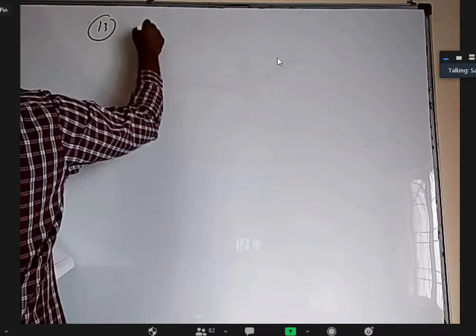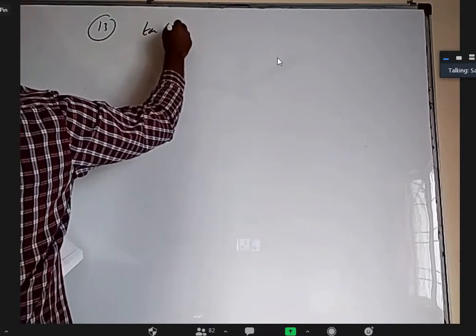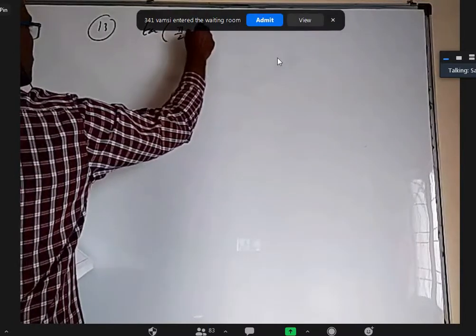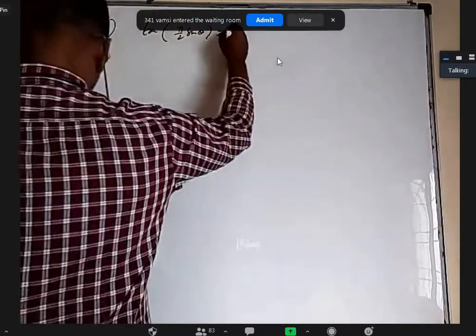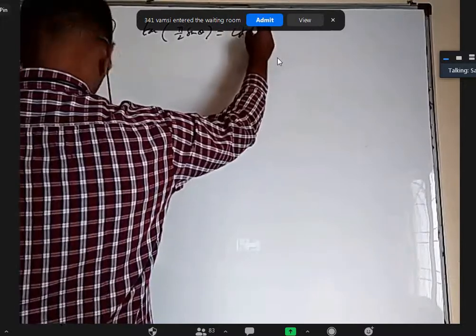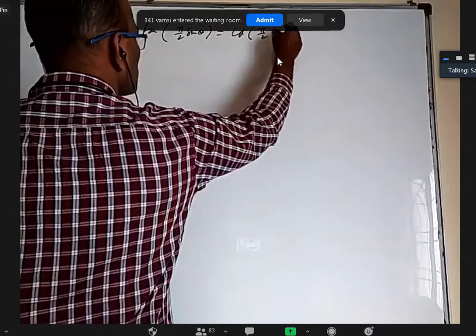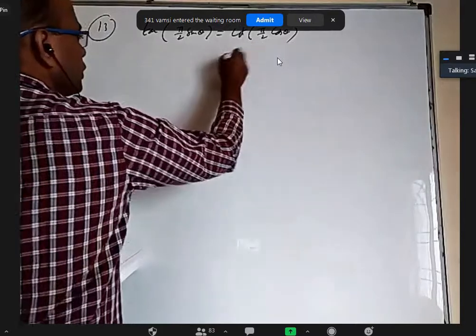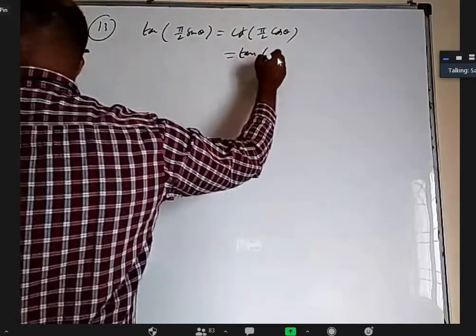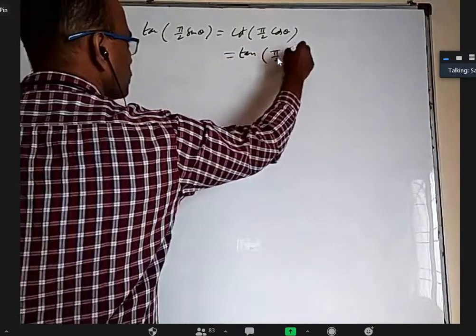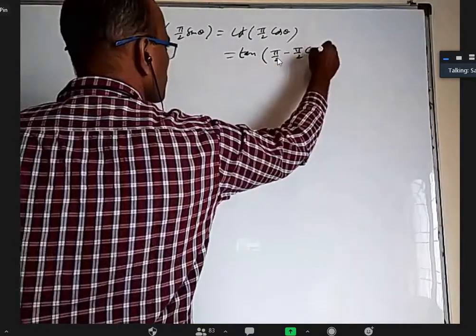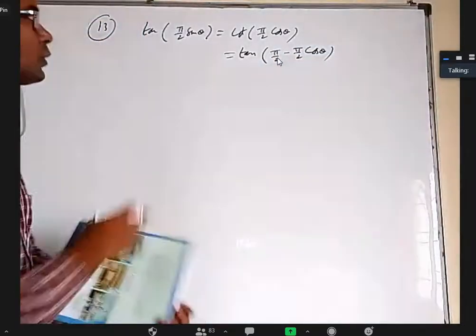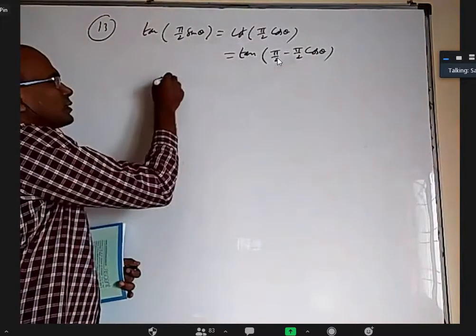Okay, 13. tan(pi by 2 sin theta) equal to cot(pi by 2 cos theta), and that cot I can write as tan(pi by 2 minus pi by 2 cos theta). Now tan theta equal to tan alpha, you can write the general solution.